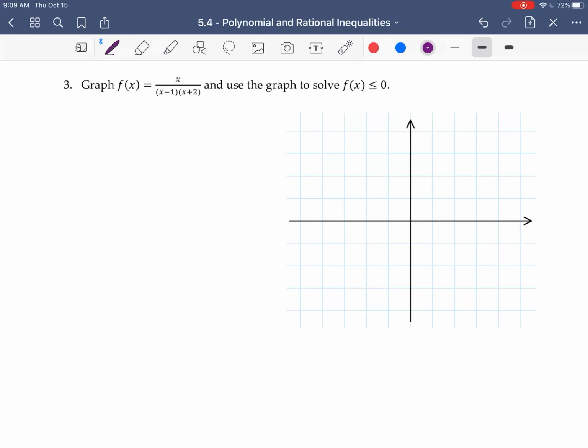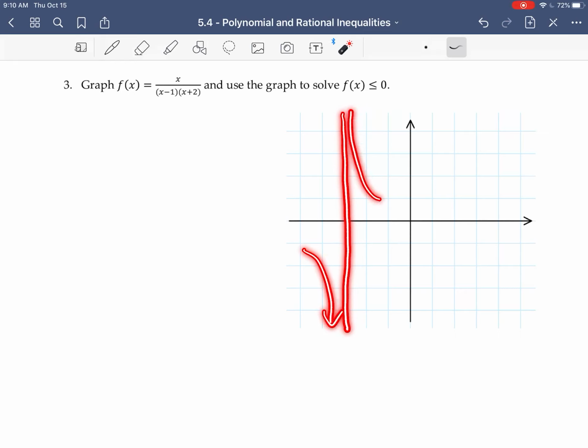When we're looking at a rational function, because we want to compare this function to 0, we want all the places where it could switch from positive to negative or negative to positive. These are definitely the x-intercepts, but they're also the vertical asymptotes, if there are any, because on a vertical asymptote the graph could switch from positive to negative.